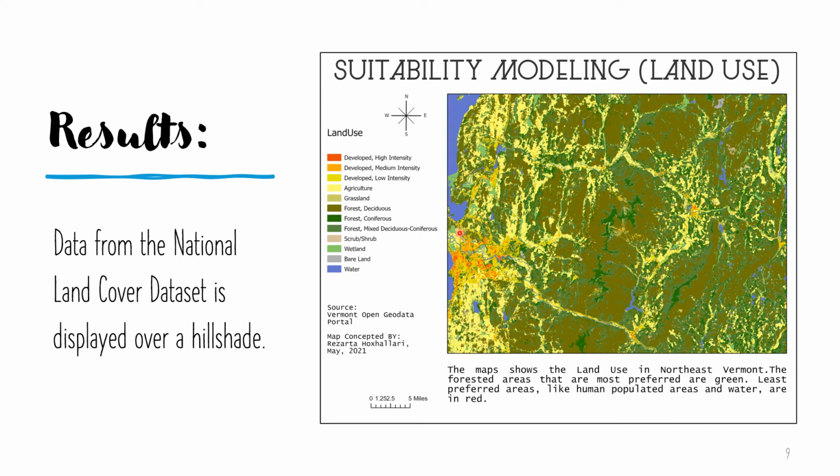The map shows the land use in northeast Vermont. The forested areas, which are green, are the most preferred by the bobcat, and the least preferred areas, like human populated areas and water, are in red. To begin calculating the suitability surface, I ran a model to examine habitat, and I continued with the reclassification process.